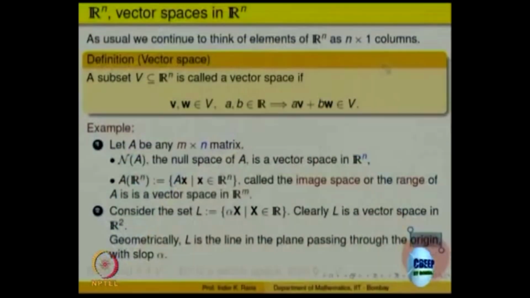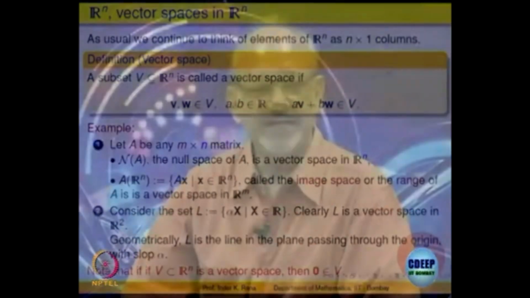Now this is an observation. We said if a line does not pass through the origin, that is not a vector space. In fact, that is a property of every vector space. That means if V is a vector space in Rn, then the 0 vector should be inside it. Why should the 0 vector be inside every vector space?